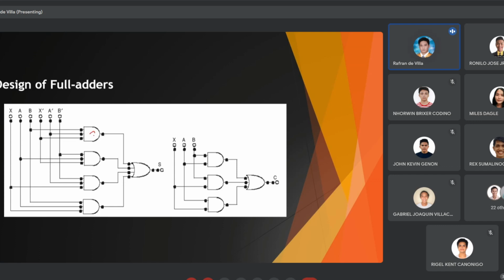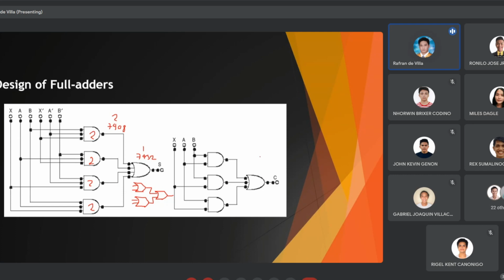This one will be implemented using two-input AND gates. Imagine constructing the actual circuit: you would use two 7408 ICs, and here you would use a 7432, utilizing three OR gates to implement this four-input OR gate. So it is quite crowded.